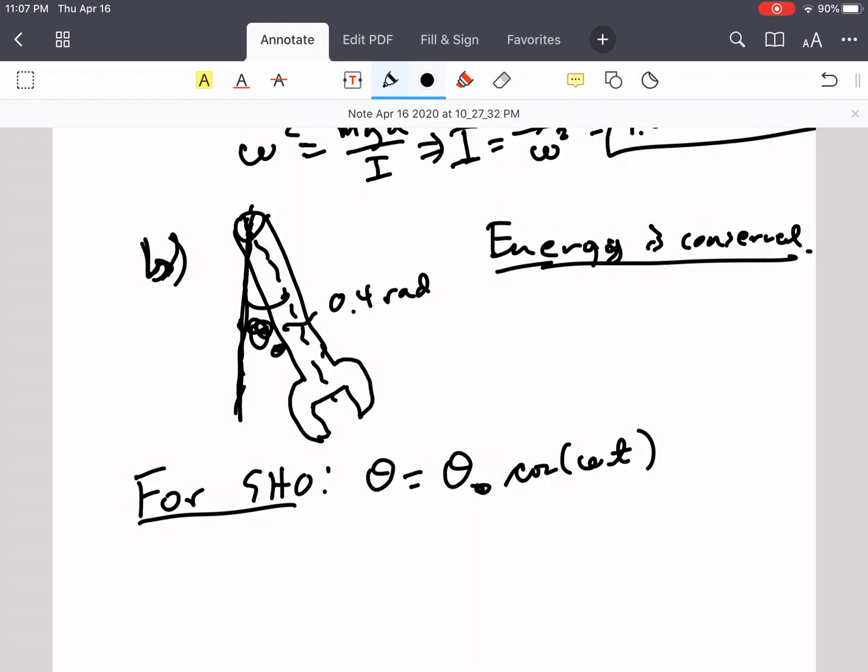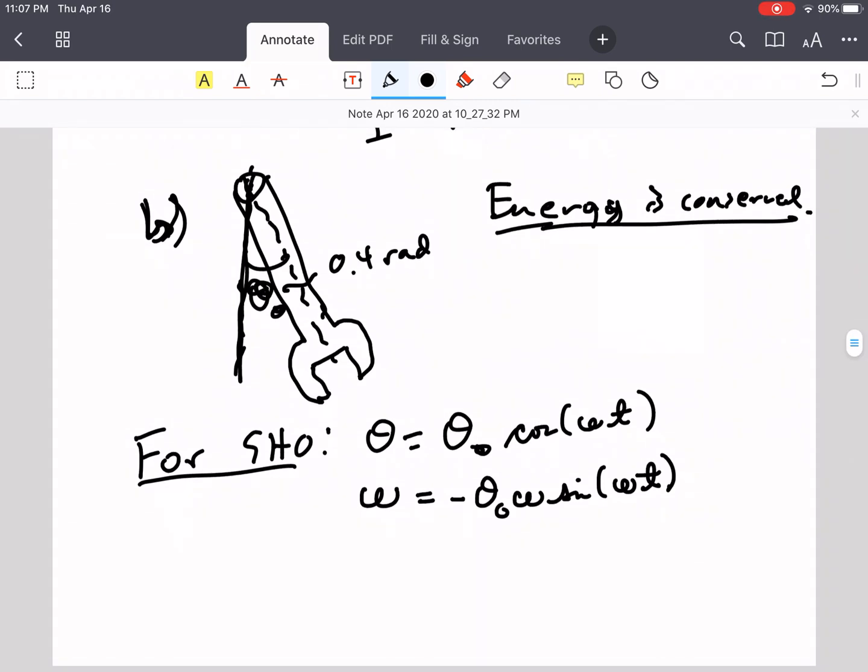And I could go through the equations. I could solve for the angular frequency by taking a derivative. I would find that this is negative theta 0 times omega sine omega t. And plug it in and go from there.